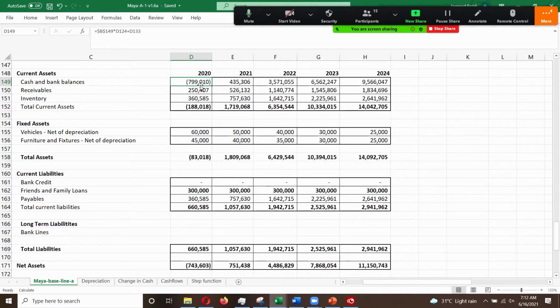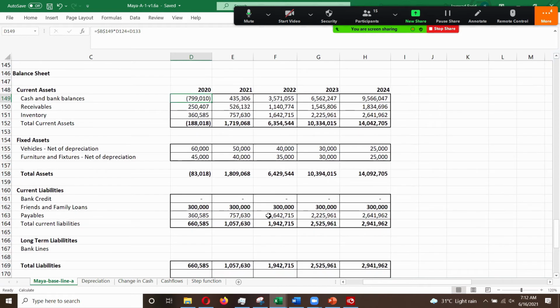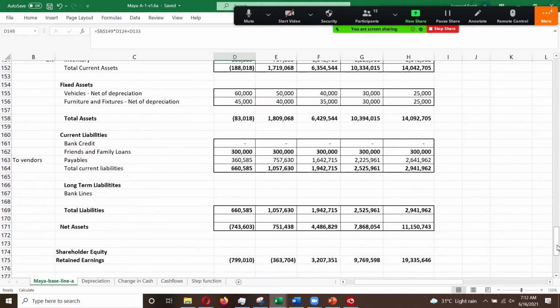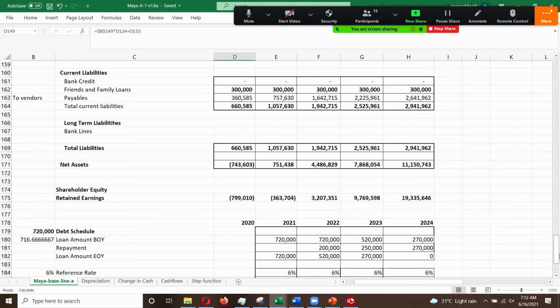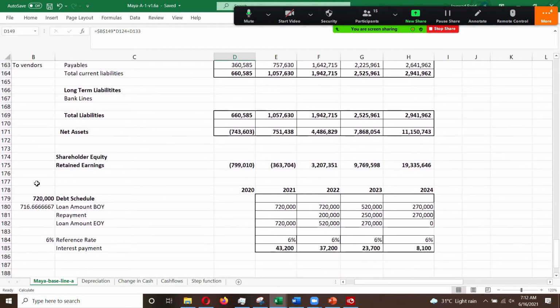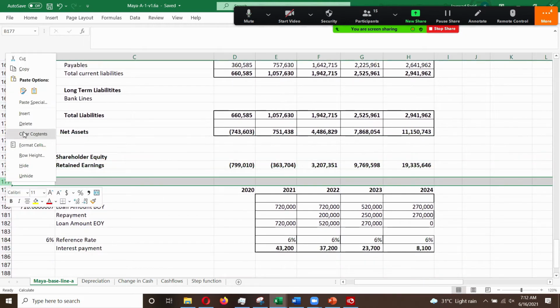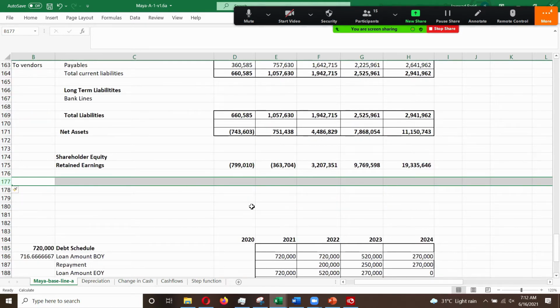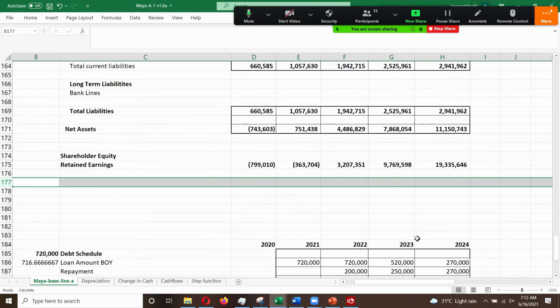We've put in some formula which is obviously not right and incorrect, and it was clearly put in here to misguide and misdirect you. So we'll update this, that's one. Then where do we do a change in cash? So let's make space for change in cash. So our change in cash position, right? Change in cash.